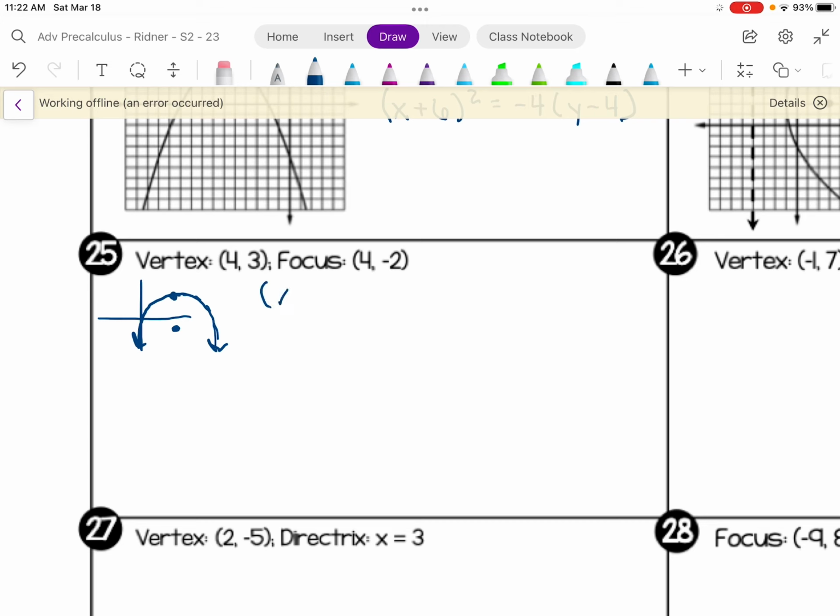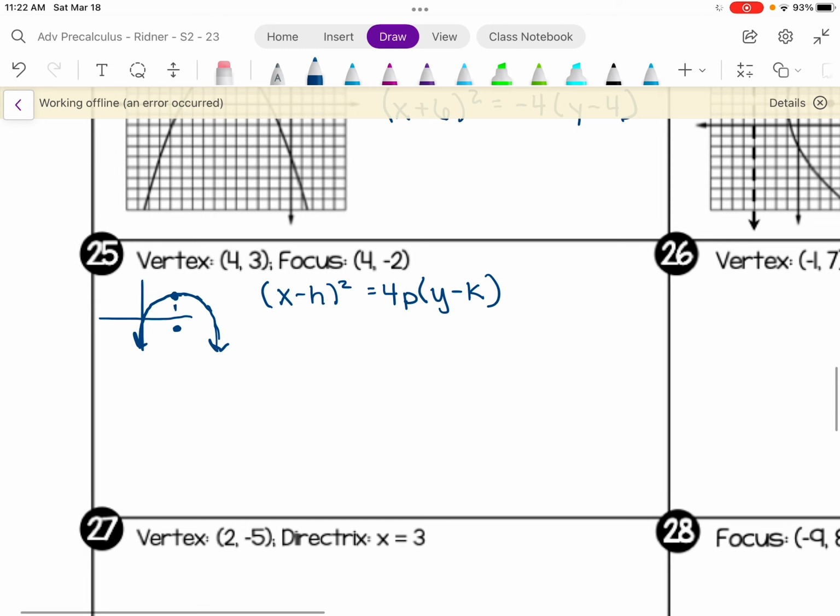So this actually ends up being the exact same formula as before. Remember, p is negative because it's going down. To figure out what p is, what is the distance from there to there?